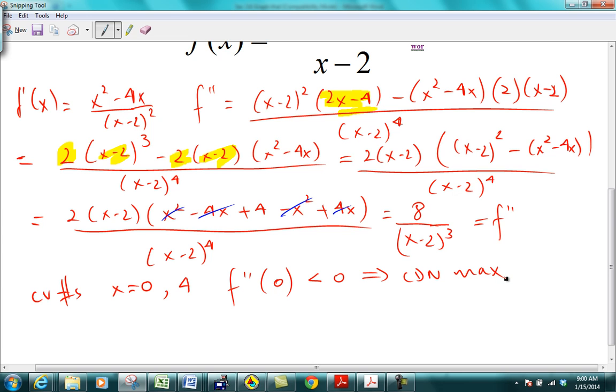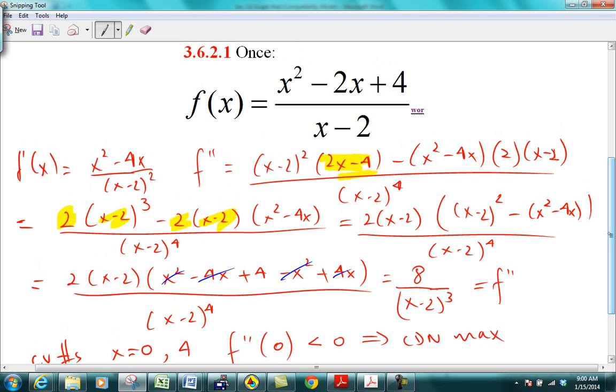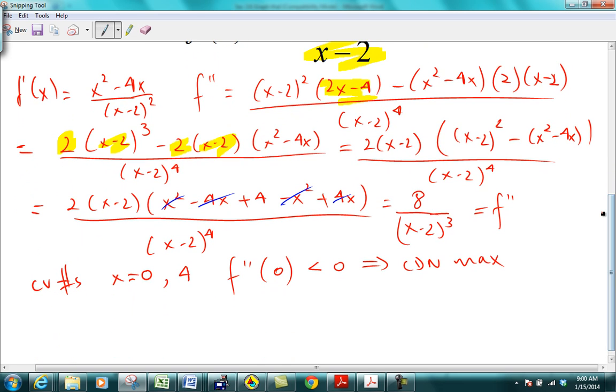And to get the y value, I need to take 0 and plug it in the original equation. Because remember, the critical numbers are the x values on the original function. So to get the y values, we obviously have to plug the x into the original function. So if you do that, then you get a max at 0, negative 2. So you know that's a max.